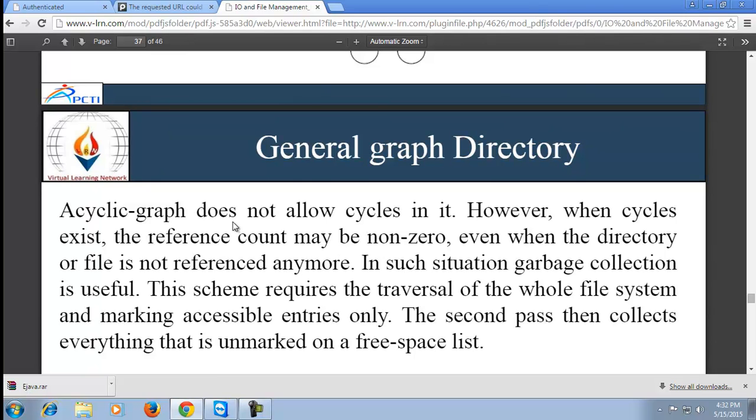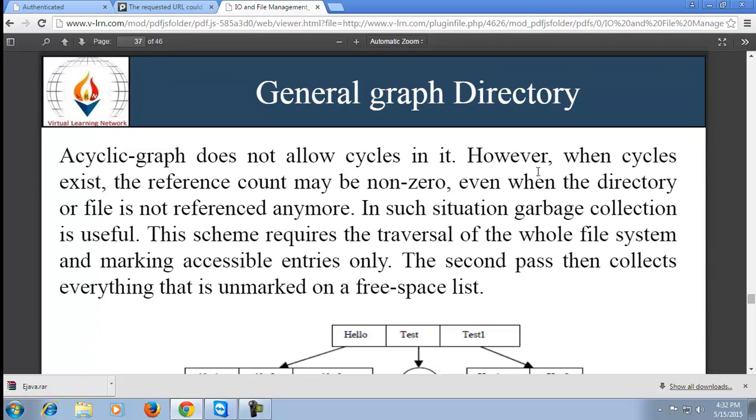A cyclic graph does not allow cycles in it. However, when cycles exist, the reference count may be non-zero even when the directory or file is not referenced anymore. In such a situation, garbage collection is useful. Garbage collection does the task of removing content which is no longer required and not useful, and provides that space for further allocation and use for processing.